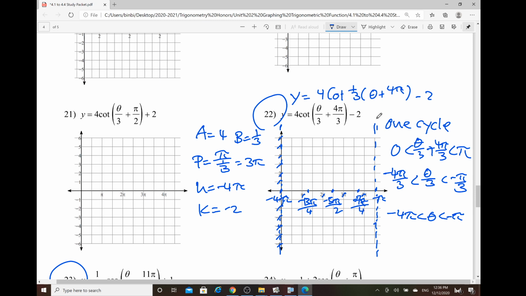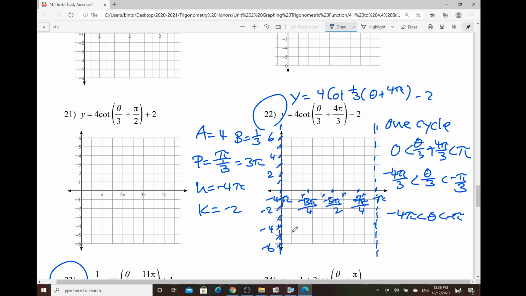Okay, so cotangent, again, sketch the parent function first with that 4, so customize the scale. So 2 units down, so 4, so let's see. So we got 2, 4, just use that original scale, don't want to cross that out. So 2, 4, and 6, so negative 2, negative 4, negative 6.